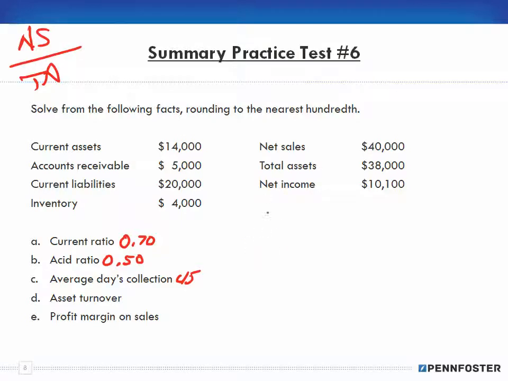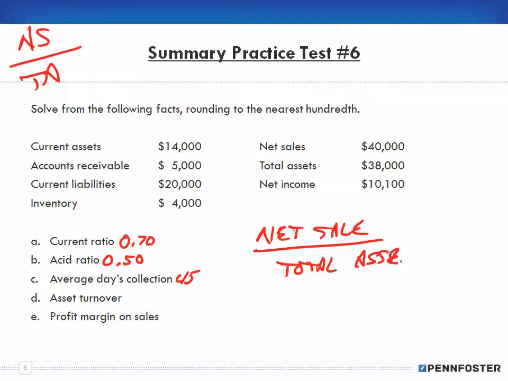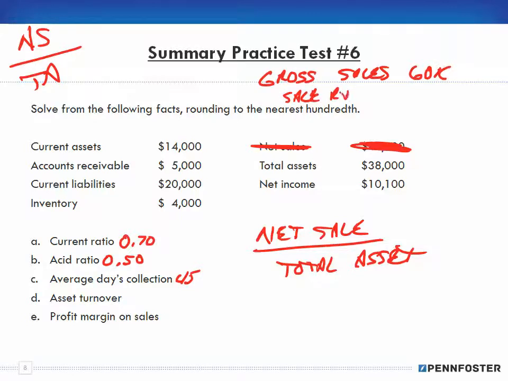and let's say I memorize net sales over total assets, and I don't understand the concept, what if I was not given the information for net sales? What if I was given gross sales of 60,000, sales returns and allowances of 15,000, and sales discount of 5,000?